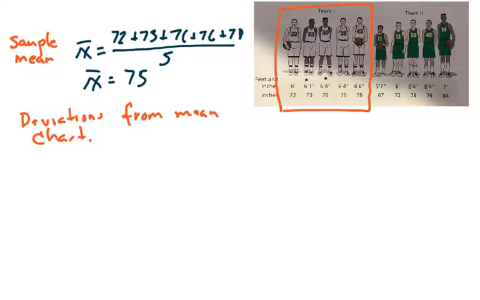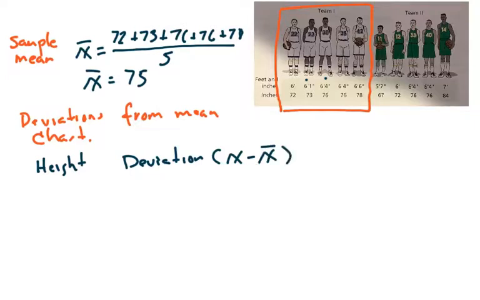So I got my height here, and then deviation. So deviation is going to be our x value, the height of the individual, minus the mean, okay?